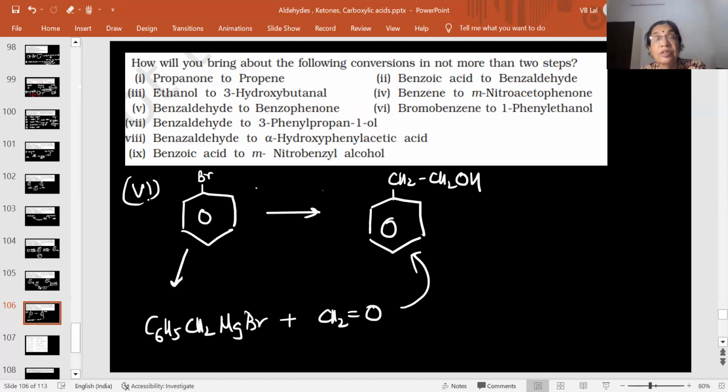But now the question is, how can I get this C6H5CH2MgBr from bromobenzene? What you are thinking is correct, but now the hitch is how I can convert it to this Grignard reagent.